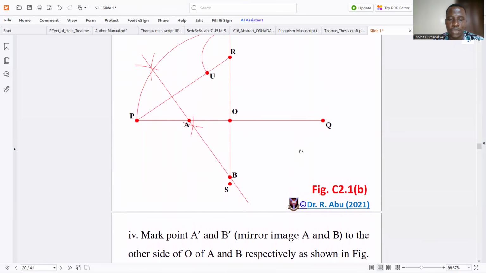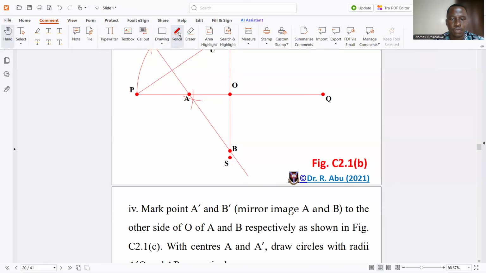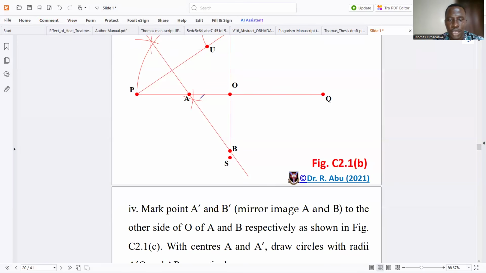So the mirror of it will be A on this other side. So what do you do? You put your divider or your compass. Open your compass from O to A, take the measurement, come here, and you cut. So this will now be A prime.